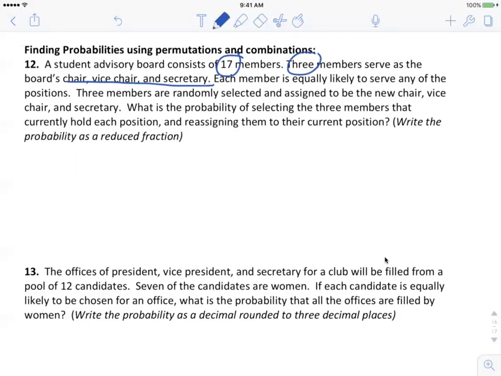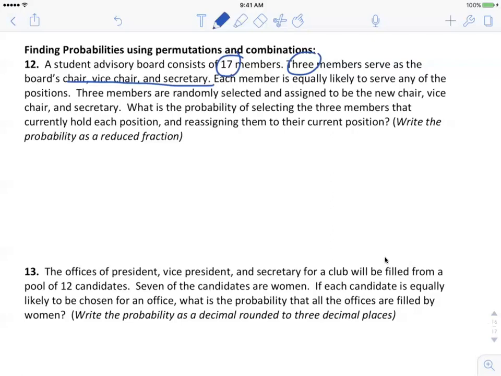As soon as they start mentioning offices or assignments of people within a board or a committee, that's permutations. It's because the order matters, right? If one person is the chair and another person's vice chair, if you switch those people around, you've got a new cabinet, you got a new board, okay? So when they specify that, it's permutation.